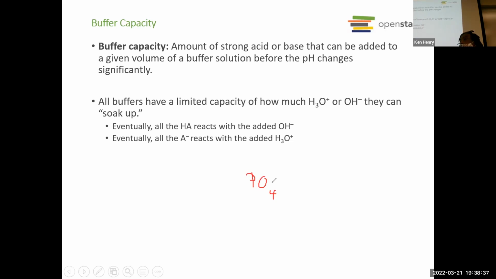What's the charge? -3, right? So that means it can add how many H pluses? 3. So pretty useful, because you can add so many H's on there, it gives it a lot more range.